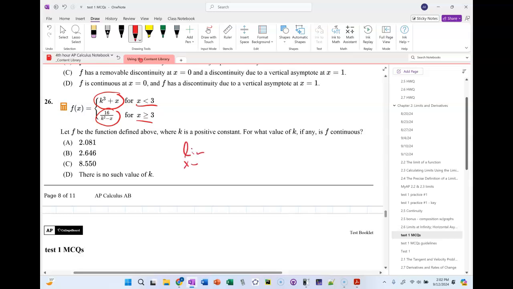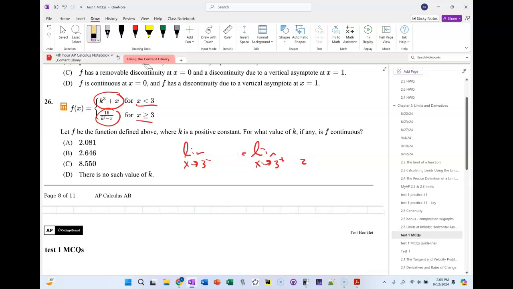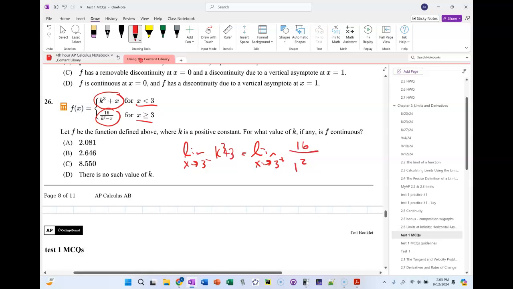the limit as x approaches 3 from the left equals the limit as x approaches 3 from the right. So, let's write that. So I have this, right?